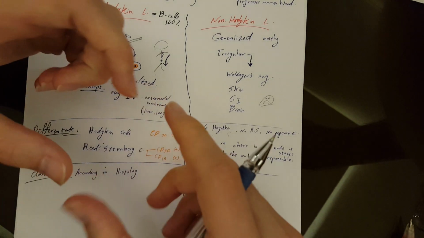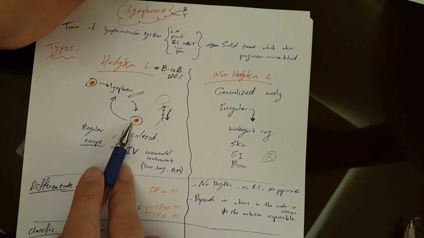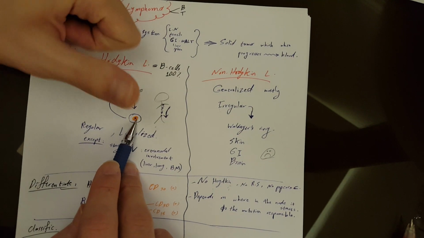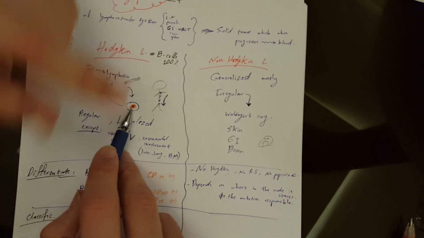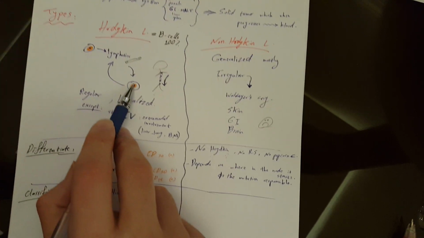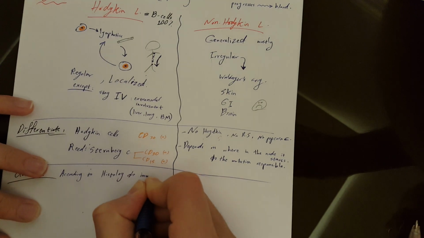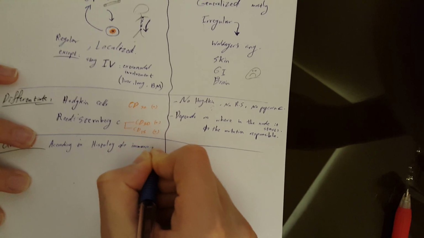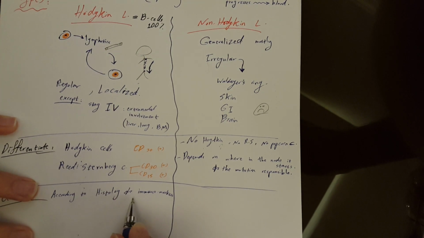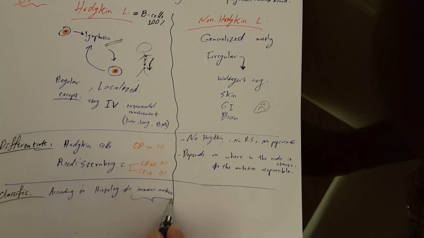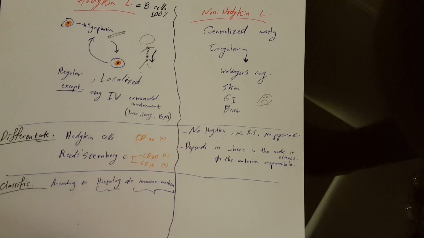You take it under the microscope and you see that the center of the lymph node is nodular, sclerotic, or lymphocyte predominant, lymphocyte rich, and so on. And you can do it also by the immunomarkers. That one you'll maybe find in internal medicine in 6th year, and it is mostly for pathology.